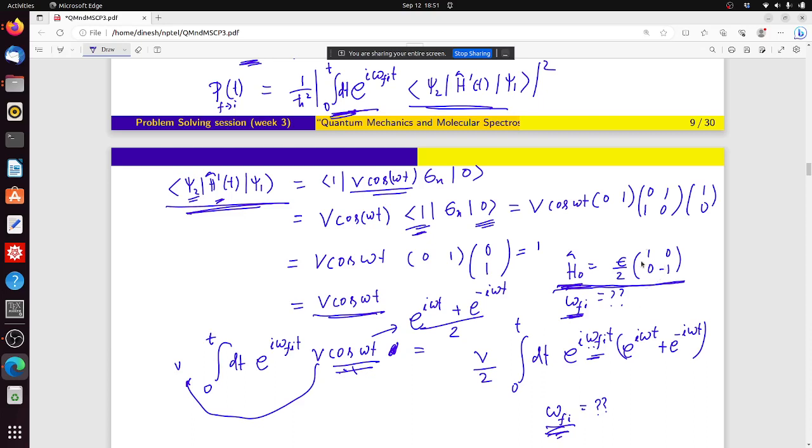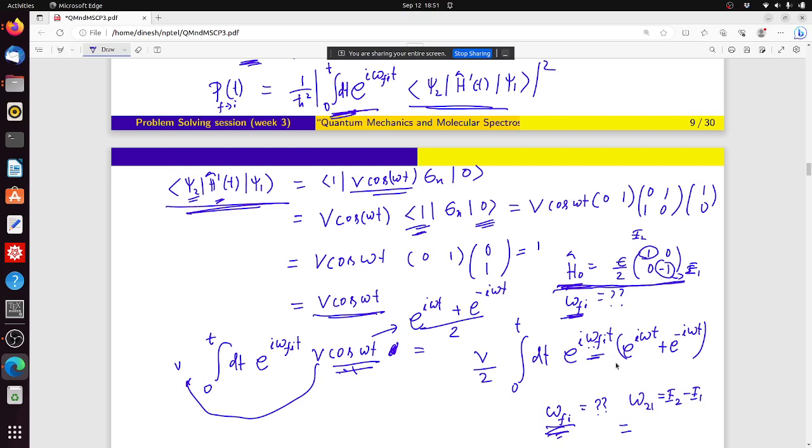Actually, in this matrix, you can see two states. Actually, these are two eigenvalues. Let's say this is E2, this is E1, right? Then this omega 21 will be nothing but E2 minus E1, right?